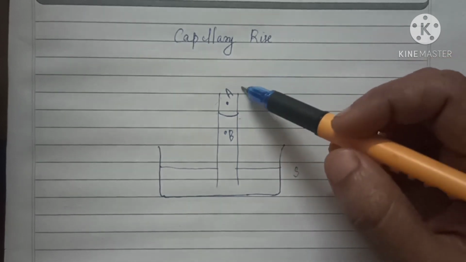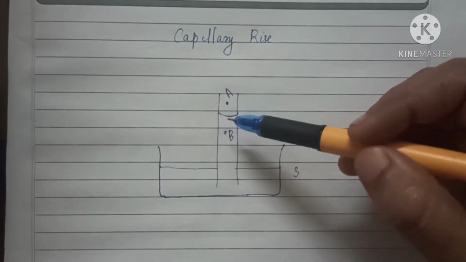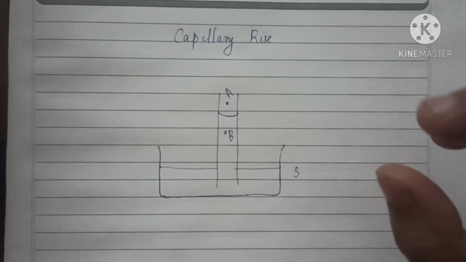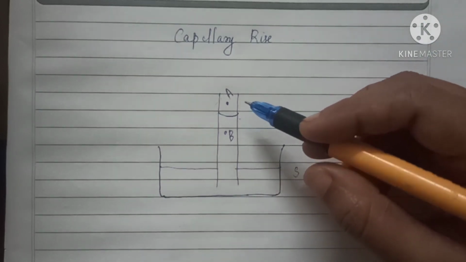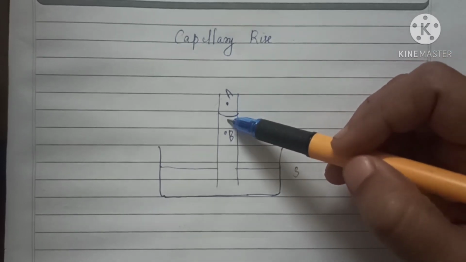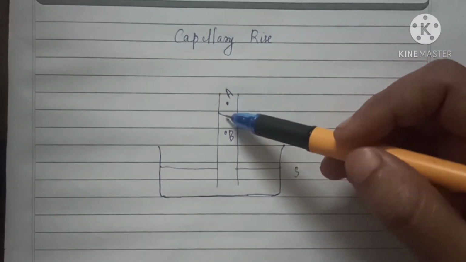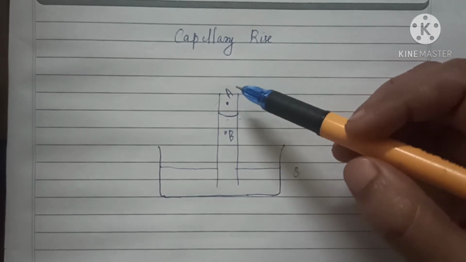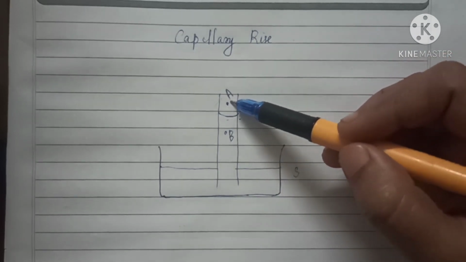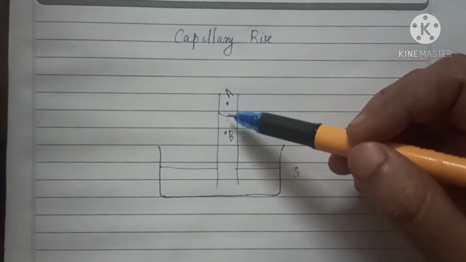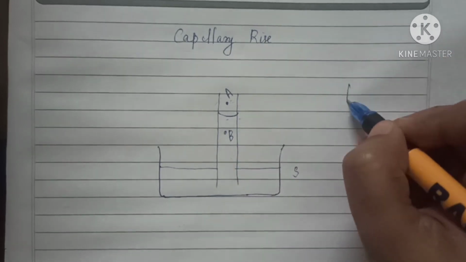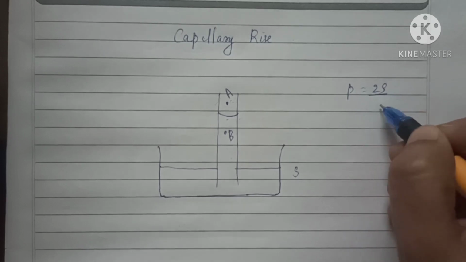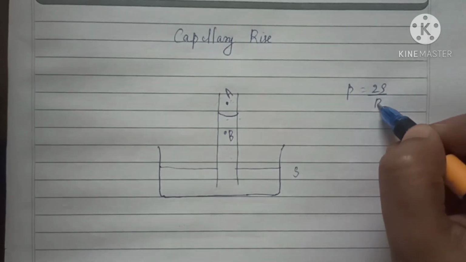Then the shape of the meniscus of water will be nearly spherical if the capillary tube is of sufficiently narrow bore. Understood? Since it is a concave meniscus, here the pressure will be more. So the excess pressure at a point A just above the meniscus compared to point B just below the meniscus is, as we said, P is equal to 2S by R.